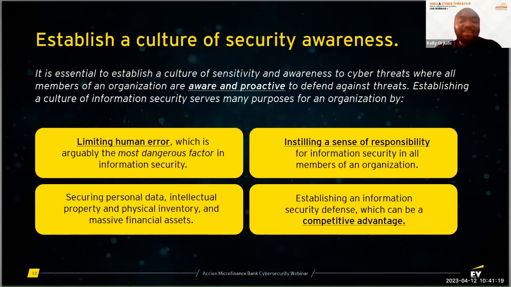Because if you click that email, you're putting the burden on your IT team to detect that that email has a virus, okay? So where you have organizations that have people that are fully aware of information security and what the impacts are, then you have, to a large extent, the business has done what it needs to do to be secure. So I'll start by saying limiting human error is number one.